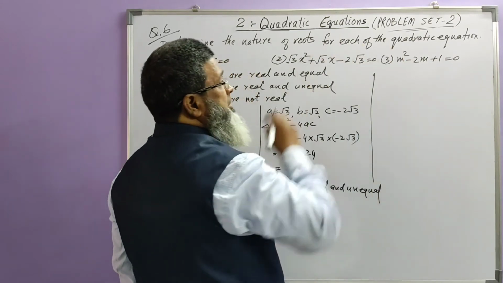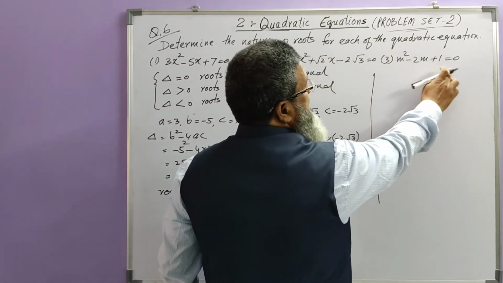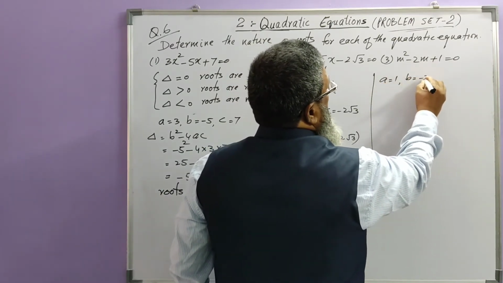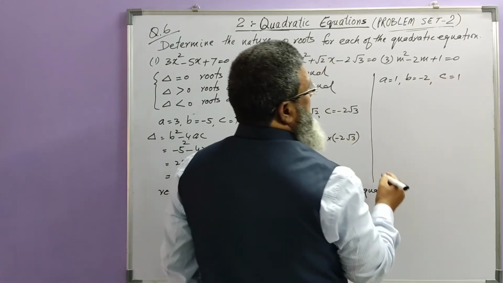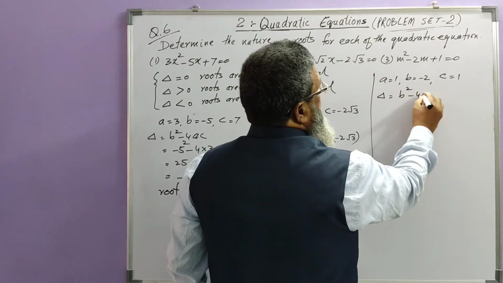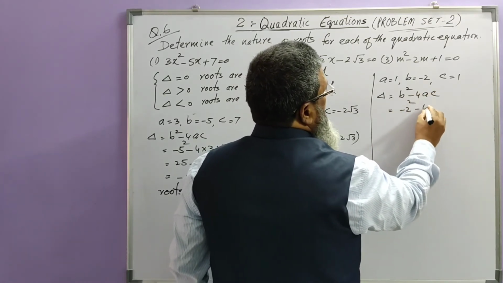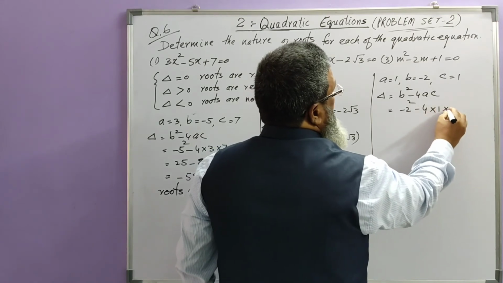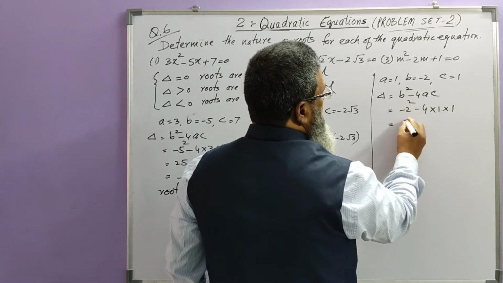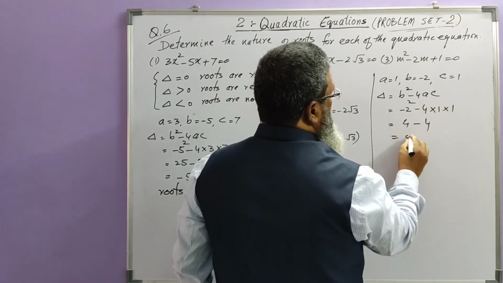Now, in question number 3, m square minus 2m plus 1 is equal to 0, a is equal to 1, b is equal to minus 2, c is equal to 1. What is delta? Delta is equal to b square minus 4ac. What is b square? Minus 2 square minus 4 into a, which is 1, into c, which is also 1. So minus 2 square is 4 minus 4 is 0.